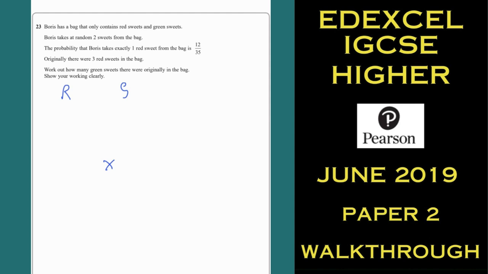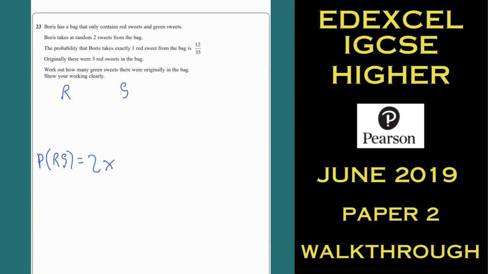The problem is that Boris takes 1 red. So probability of a red and a green. Now, a little stress, don't forget, you can reverse them. Getting 1 red is red-green or green-red. In other words, double something.